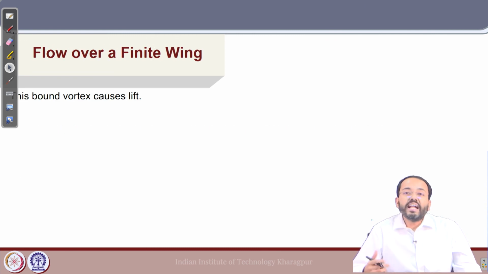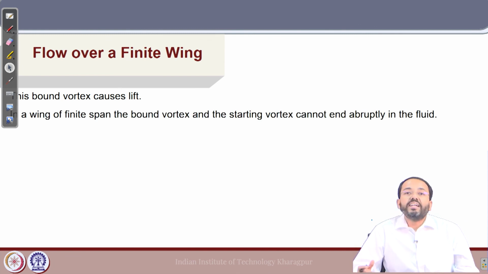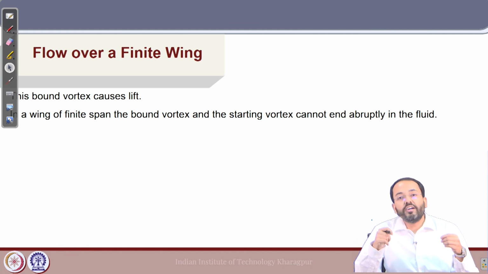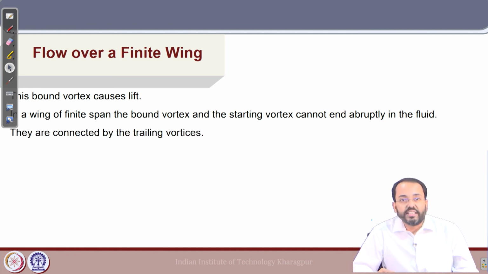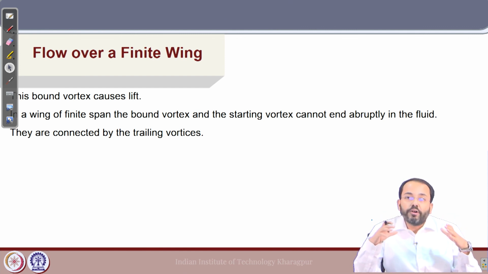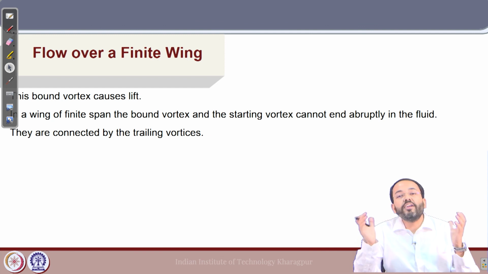Now, we can see that this bound vortex is causing the lift, and we have the trailing vortex sheets from the two ends of the foil, and there is also a starting vortex. So, for a wing of finite span, the bound vortex and the starting vortex cannot end abruptly, as we have seen in the fluid.